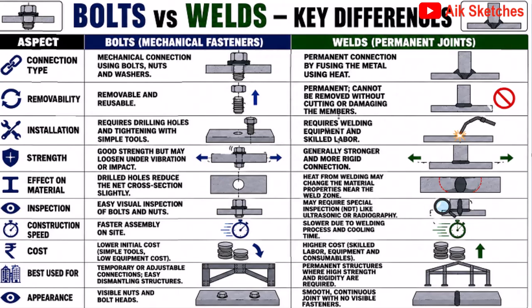Okay, so the next one is effect on material. For bolt connections, the drilled holes reduce the net cross section slightly.